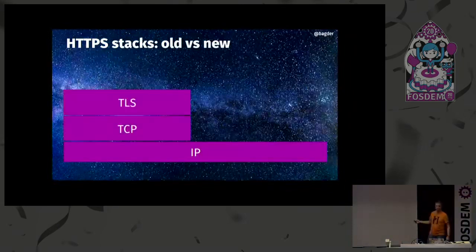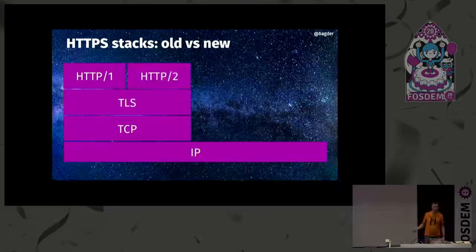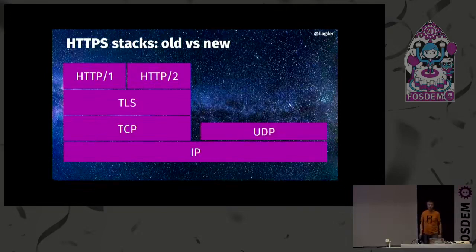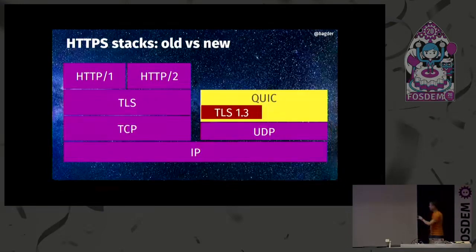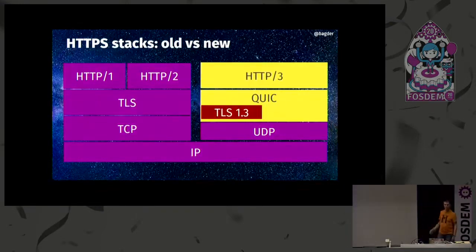This is the IP, and this is the old one, right? HTTP/1, HTTP/2, pretty much the same. HTTP/2 actually says that you have to use TLS 1.2, but anyway, it's the TLS layer. Instead now, we're building on UDP, and we put this huge QUIC blob there, TLS 1.3, and we add HTTP/3 on that, and the streams have moved down one layer.